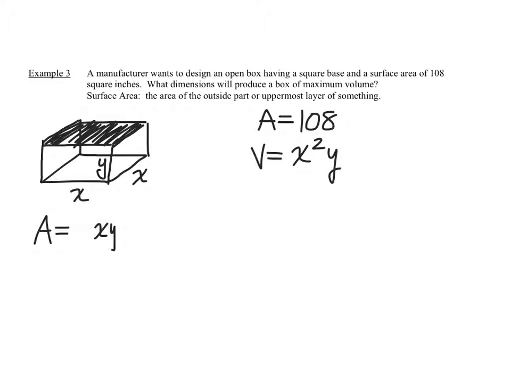The front panel is x by y, congruent to the back panel, and the side panels are x by y also. In total, we have four of those xy panels. The base has dimensions x by x, so x squared. Since we know the area is 108, I can say 108 equals 4xy plus x squared.